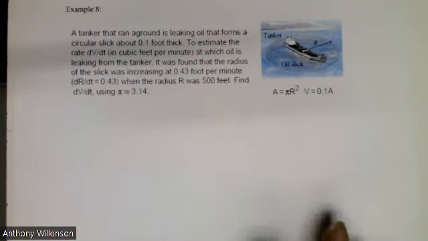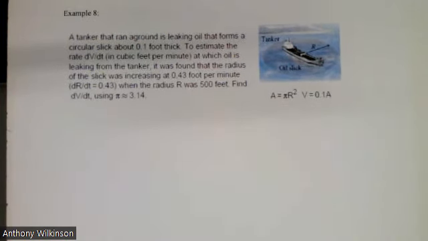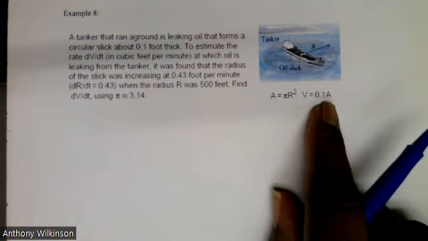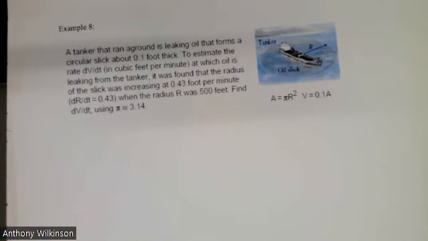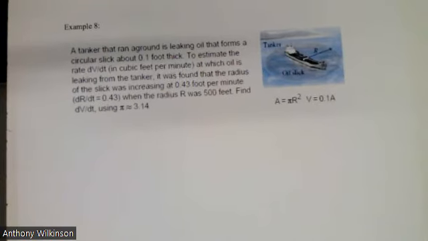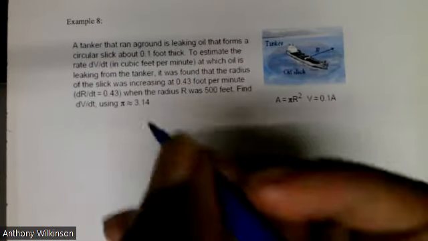So here's the illustration of that. And they do give you the formula. A is equal to pi times the radius squared. And they tell you that V is going to be equal to 0.1 times A. Okay, so let's identify what we have here.